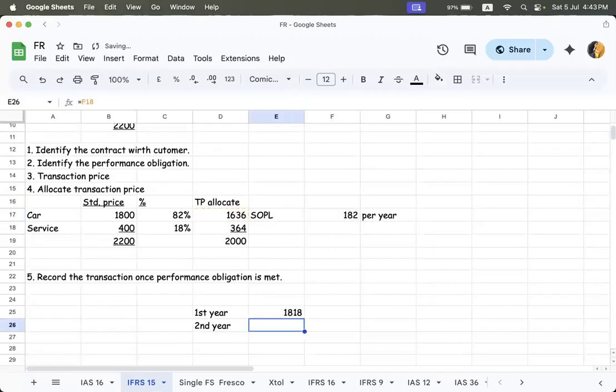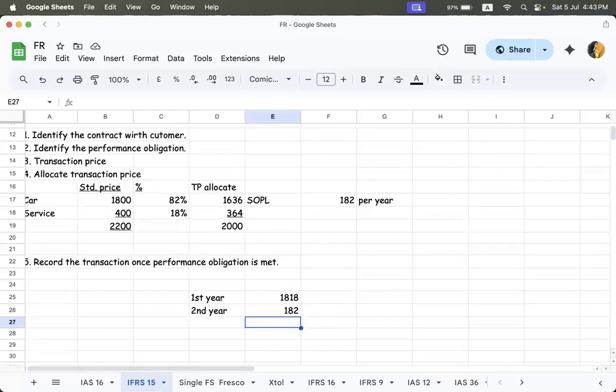So in the first year you get revenue only up to this much, and in the second year, you get revenue again for 182. This is how you realize revenue as and when the performance obligation is met.